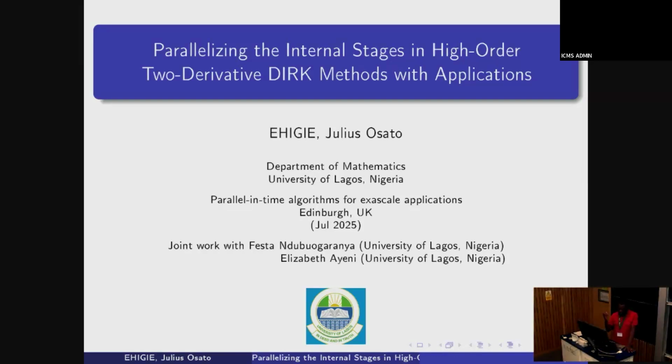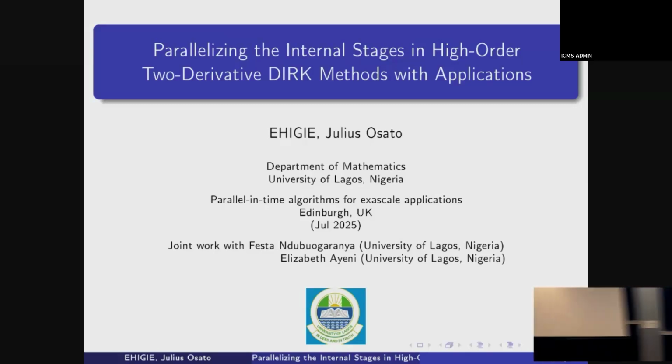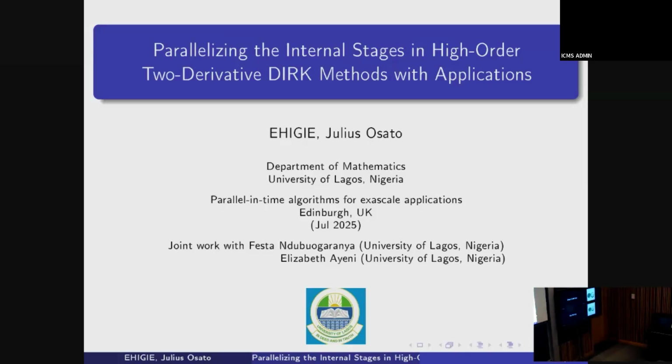When I saw this workshop, I tried to apply because I've always been following the Parallel in Time community. The first one that I attended was the one organized by Felix, a virtual meeting at that time. I've also attended some workshops, and Professor Martin also gave some talks about parallel in time.